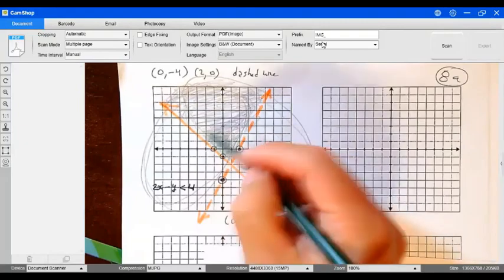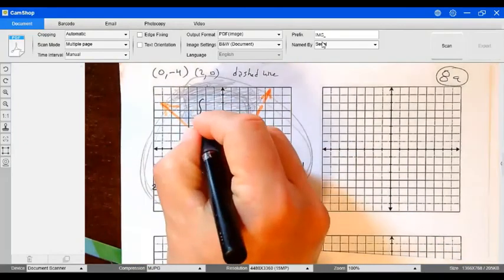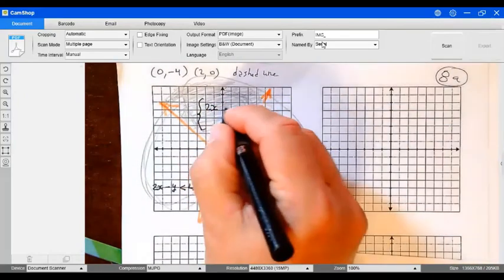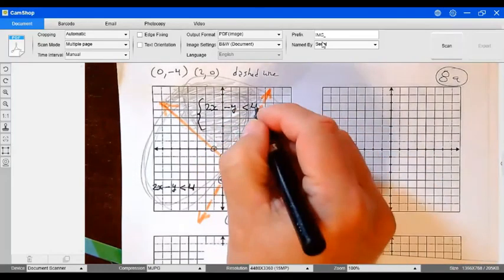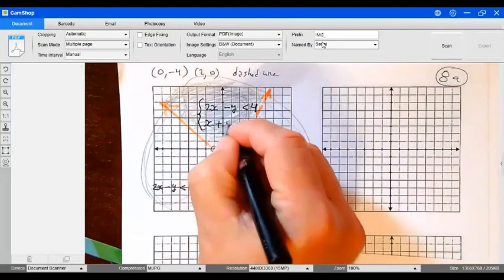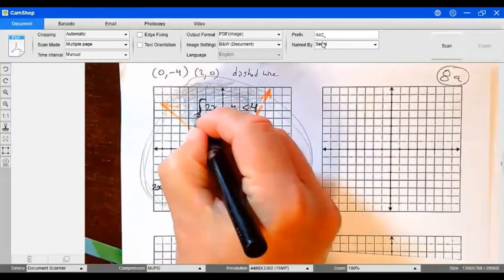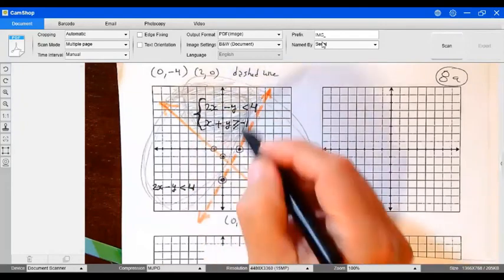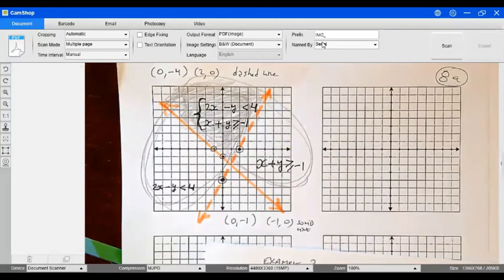So in this region, the system is satisfied. So you can write here 2x minus y less than 4, and also x plus y greater than or equal to -1. So the system, both inequalities are satisfied in this region here. So that's the solution of the system.